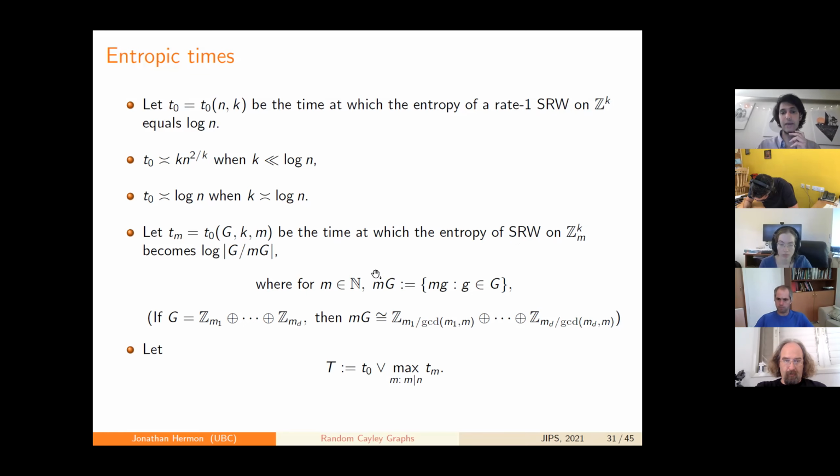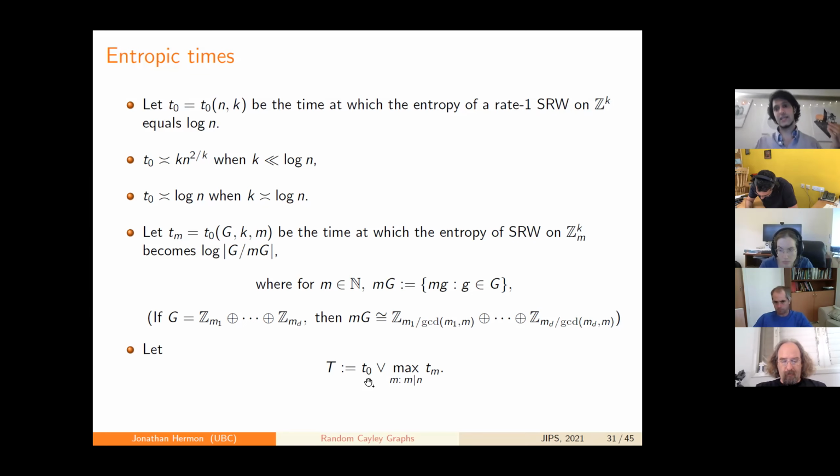Where m is an integer, and mG is just multiplying each element of the group by m, which makes sense because it's an abelian group. Right, but given the decomposition of G into a sum of cyclic groups, it's very easy to say what mG is.